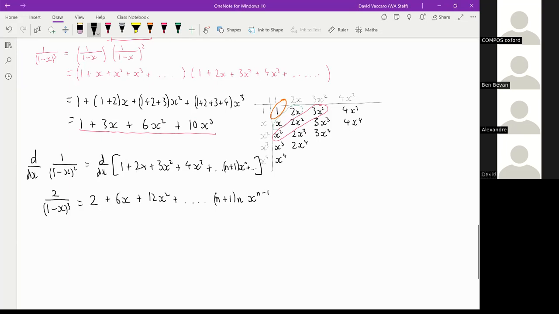And then if we divide by 2, we get 1 over 1 minus x cubed is equal to 1 plus 3x plus 6x squared plus dot, dot, dot. My x to the n minus 1 term is n plus 1 times n over 2 x to the n minus 1.